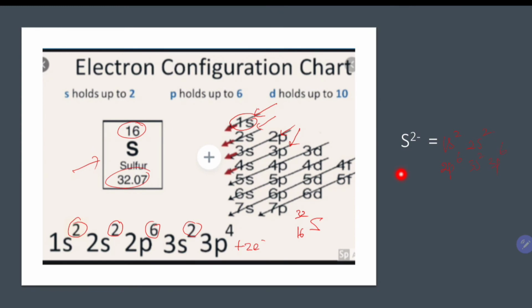You can write it by changing the 1s2, 2s2, 2p6 to neon, then 3s2, 3p6. Right now S has 18 electrons, as the S2- ion.